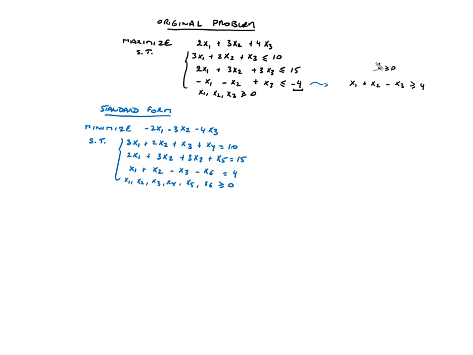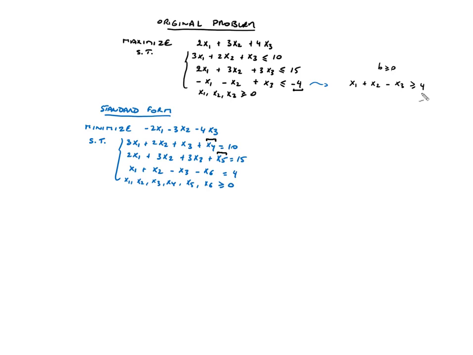We want the b's to be positive, so we multiply the equation by -1, and of course instead of smaller or equal, we now have larger or equal. In the first two equations, since we have smaller or equal inequalities, we have to add slack variables x4 and x5.